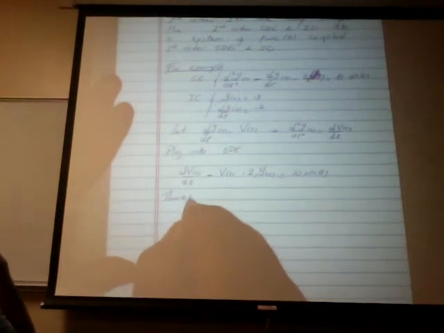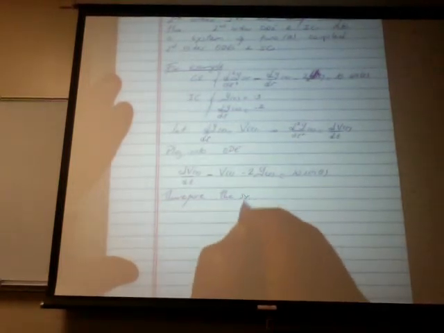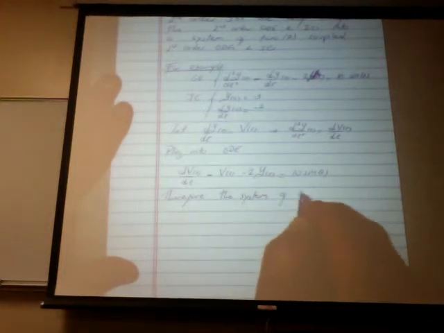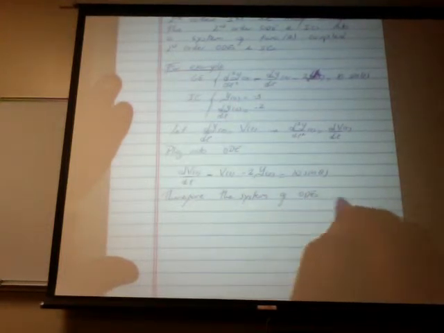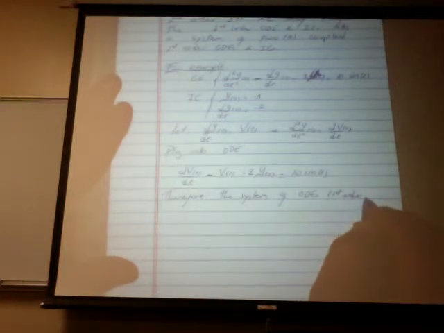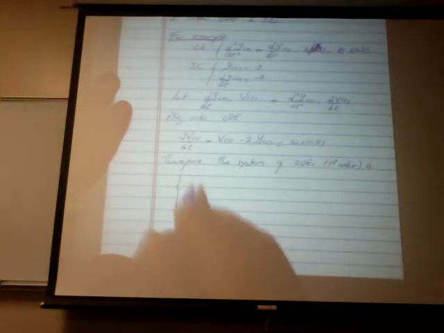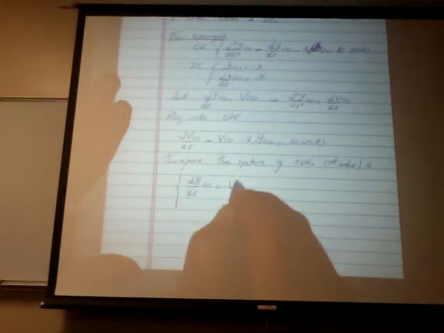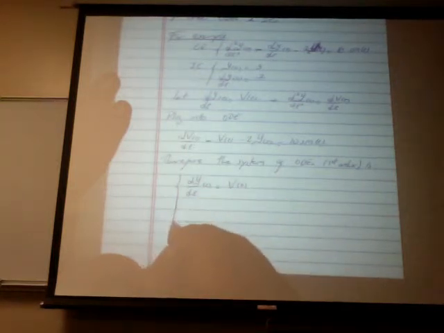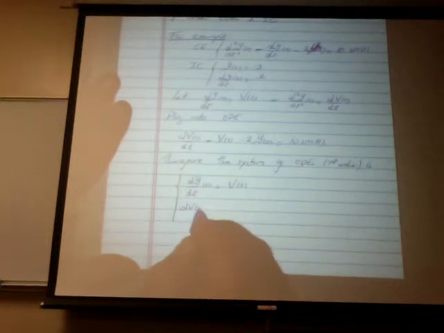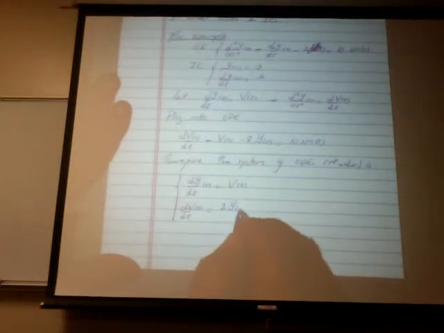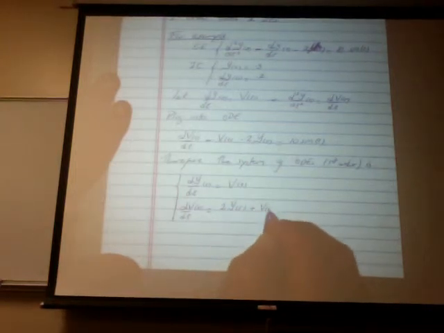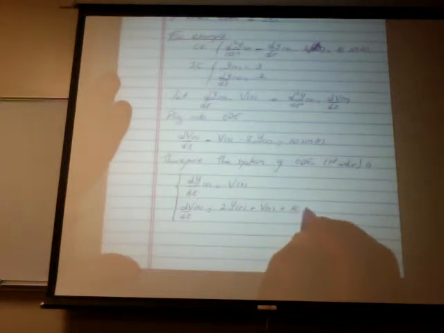Therefore the system of first order ODEs is: dy/dt is equal to v(t), and dv/dt is equal to 2y(t) plus v(t) plus 10 sine of t.